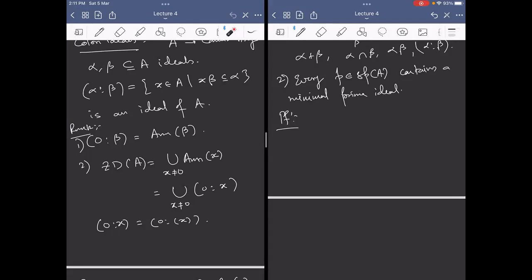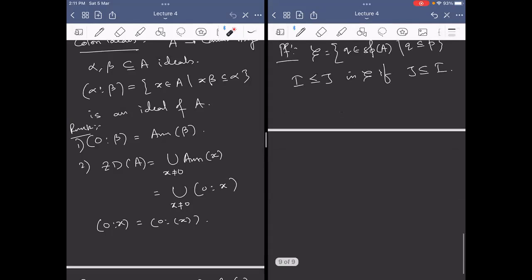So I am taking this collection C of all the prime ideals Q such that Q is contained in P, and I am defining I less than or equal to J in C if J is a subset of I. So I am doing the reverse inclusion here.